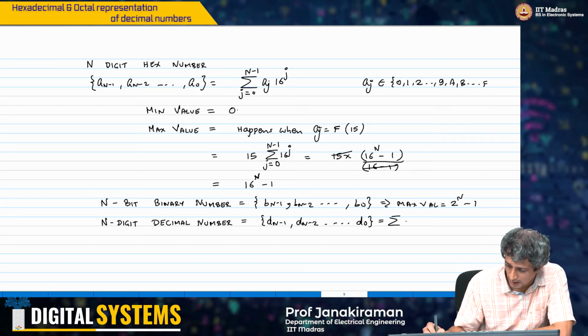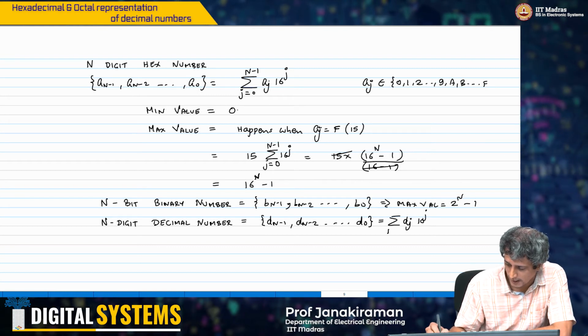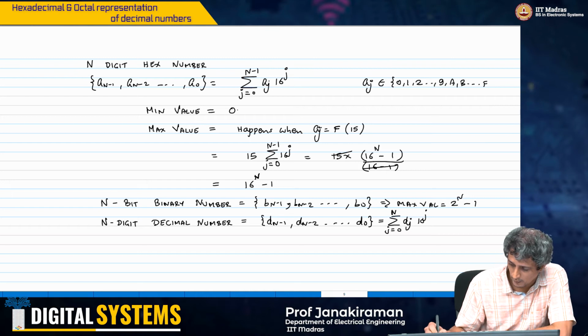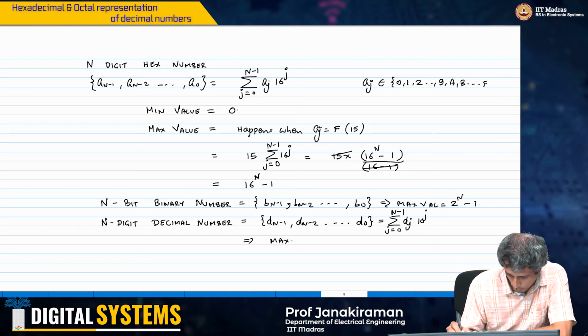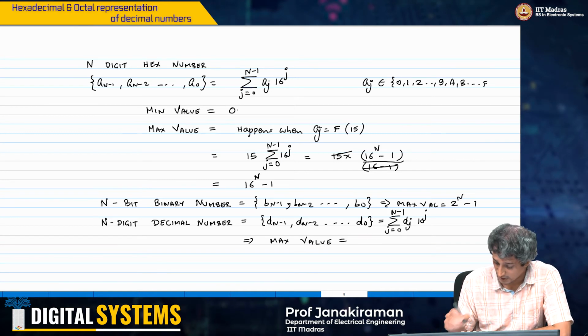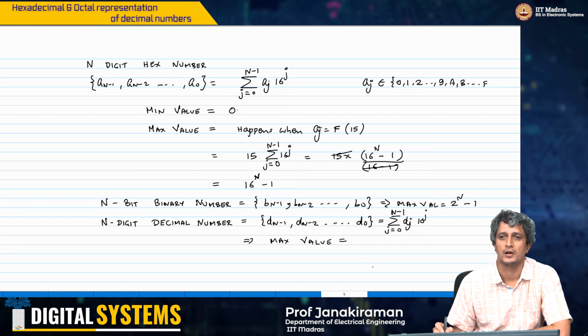This is nothing but the summation of dj times 10 to the power j, with j going from 0 to n minus 1. This implies the maximum value of this decimal representation.